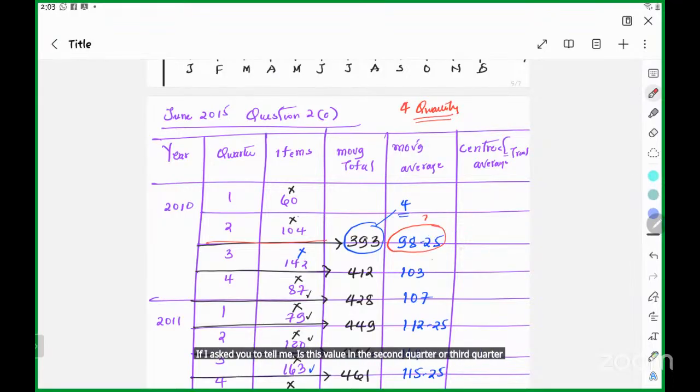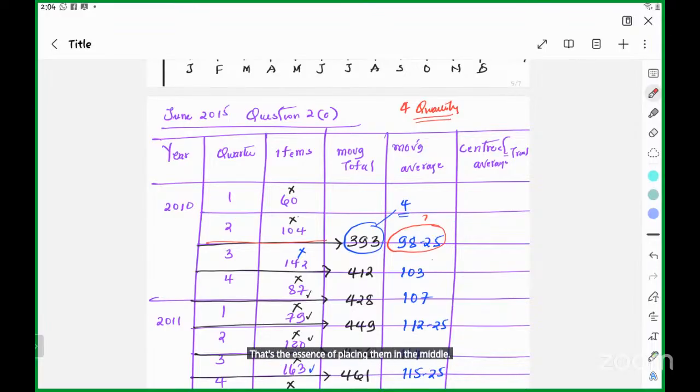Where would you place it? I'll place it in the second quarter. Why the second? Because it's a 4 moving average. So it's not yet centered. You need to center it. That's the essence of placing them in the middle.